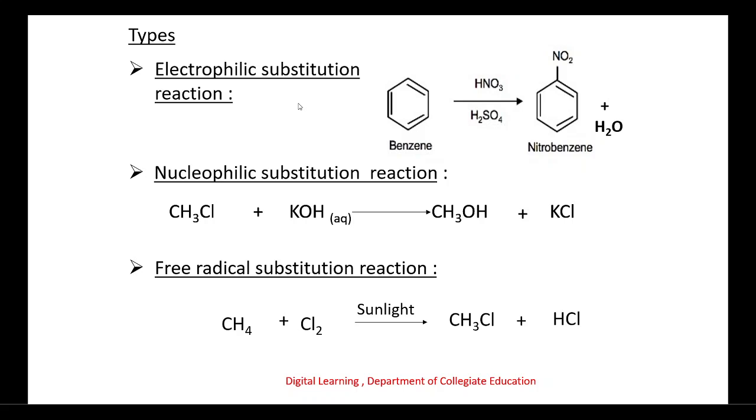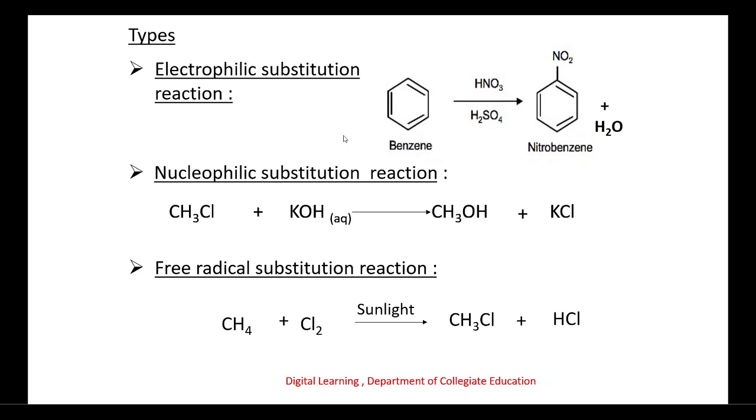The substitution reaction is classified based on the type of reactive intermediates involved. We have 3 different types: an electrophilic substitution reaction when an electrophile is involved, a nucleophilic substitution reaction, and a free radical substitution reaction.